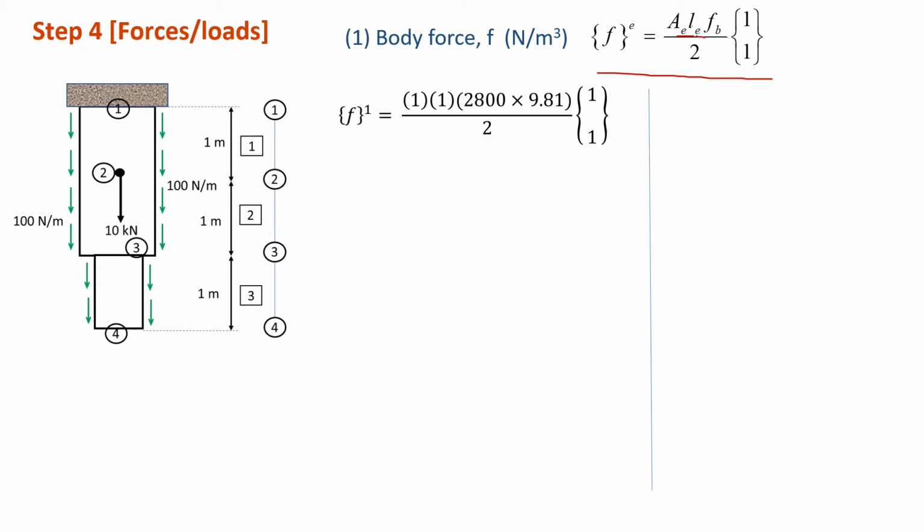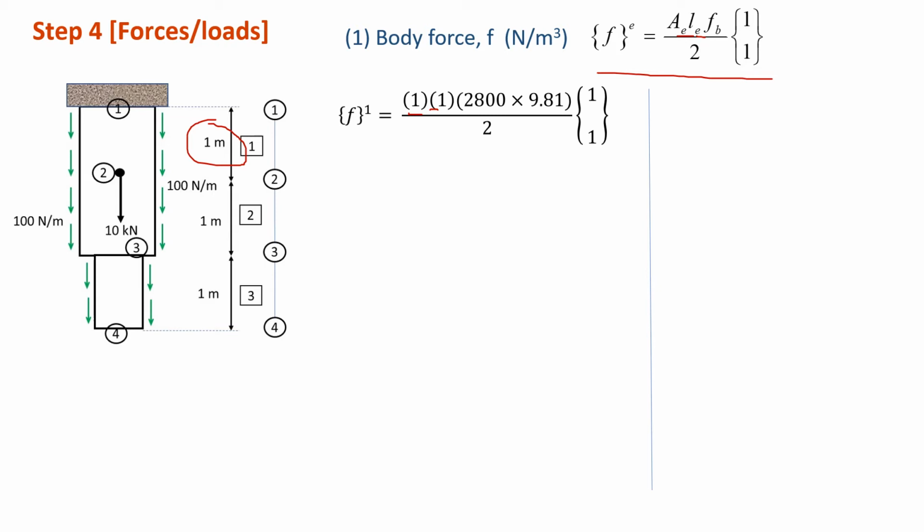So for element 1, remember, still bar A, the A is 1 meter and L1 is still 1 meter. Then the force here, we have density. Density is given in kilogram per meter cube, so we have to convert into Newton.